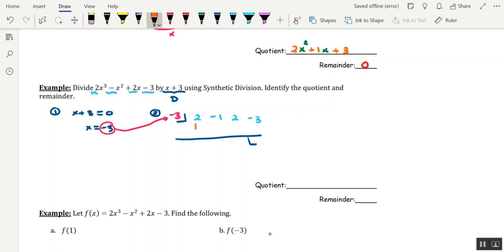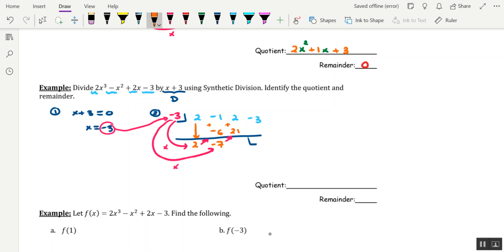Okay, we'll take the leading coefficient of our dividend underneath the equal bar, multiply by negative 3. Okay, that gives us negative 6. Adding down, we get negative 7. Multiplying by negative 3, we get positive 21.